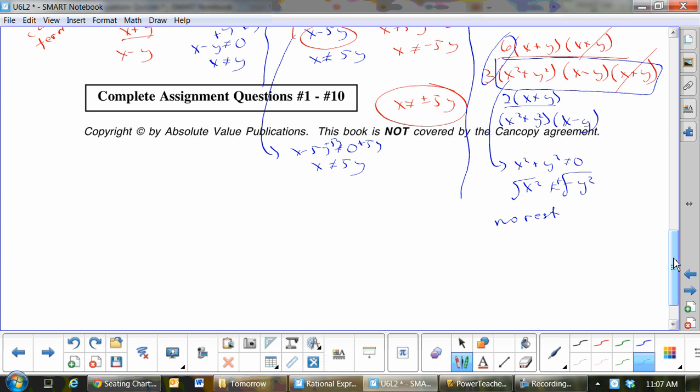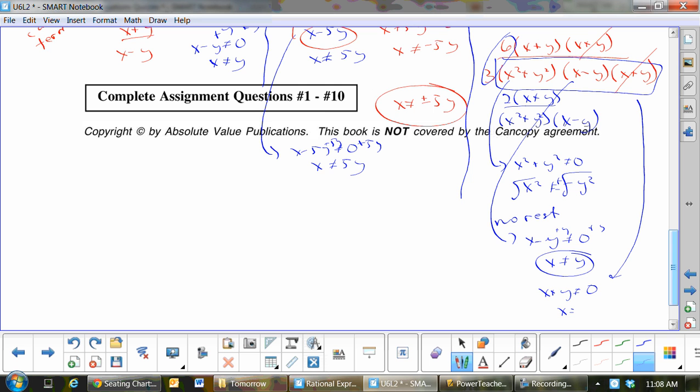So let's do the next one here for restrictions. This one is x minus y cannot equal 0. I would add y to both sides to solve this one. X cannot equal y. Okay, then if I talk about this one, x plus y cannot equal 0.